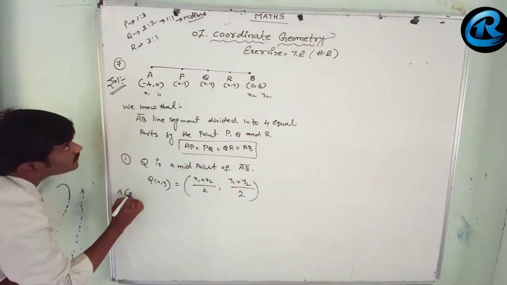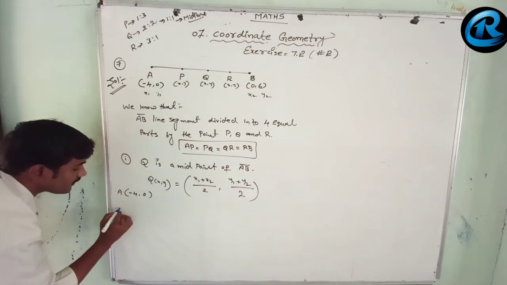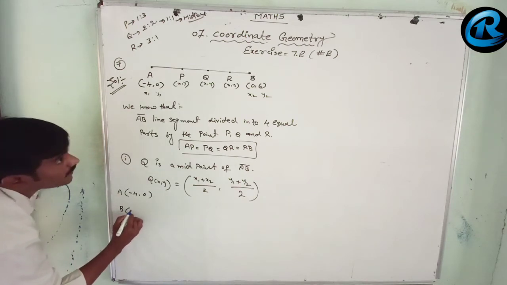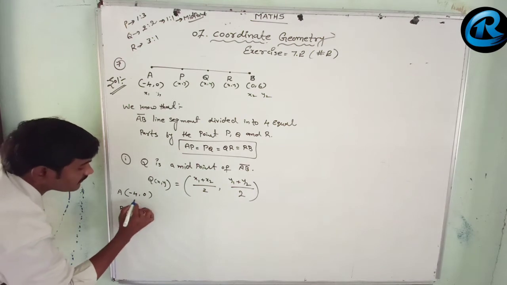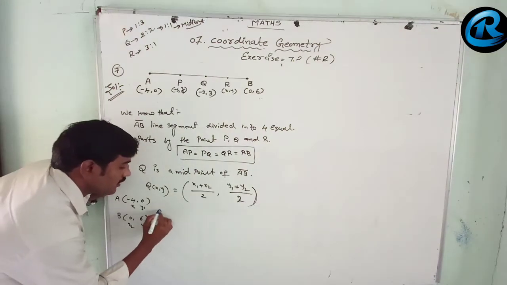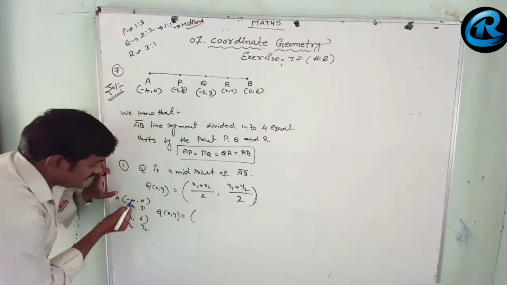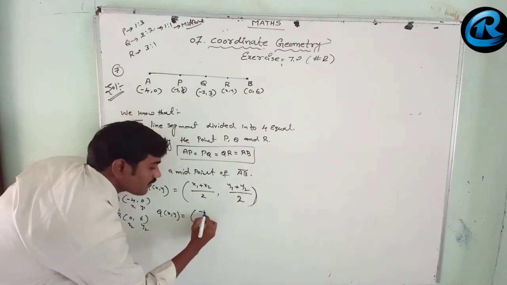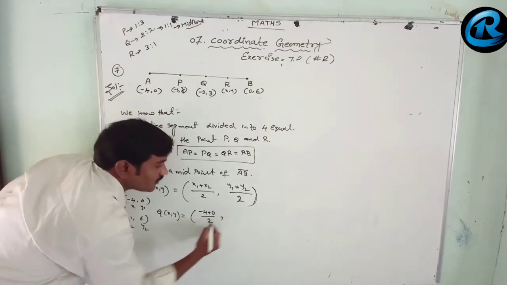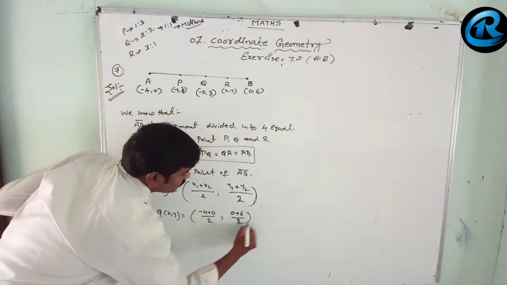A is minus 4 comma 0 and B is 0 comma 6. x1, y1, x2, y2. Here Q(x, y) is equal to x1 plus x2, minus 4 plus 0, by 2, comma y1 plus y2, 0 plus 6, by 2.